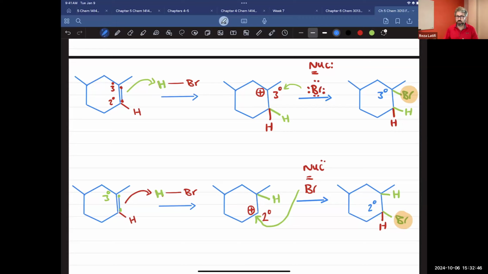Let's talk about the intermediate. We're gonna have activation energy. I want to talk about those two activation energies.